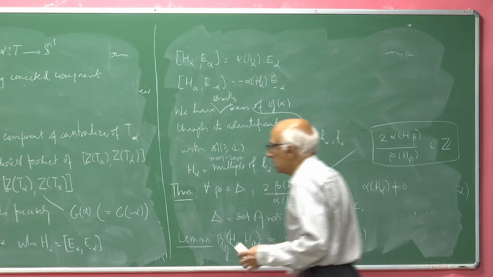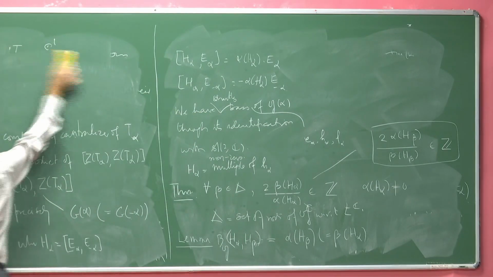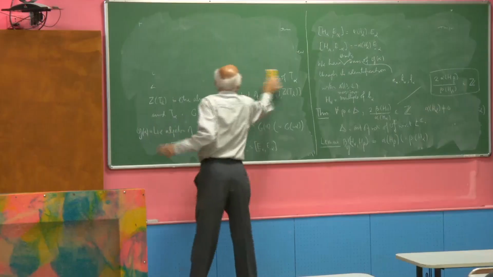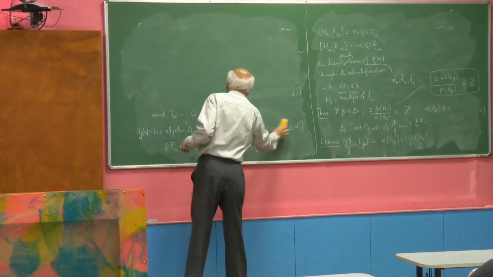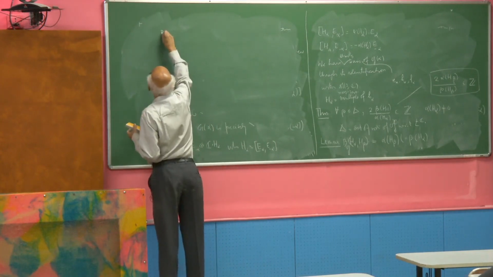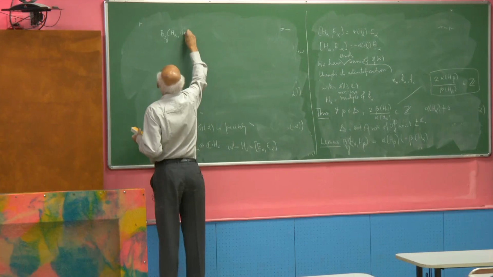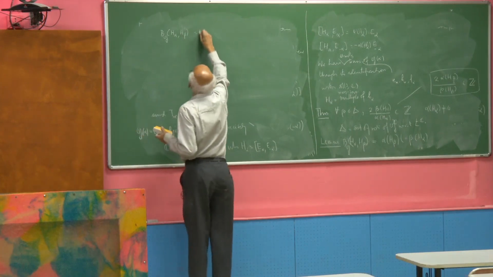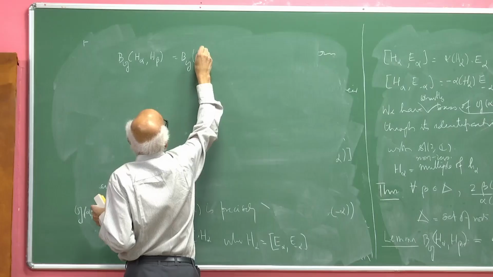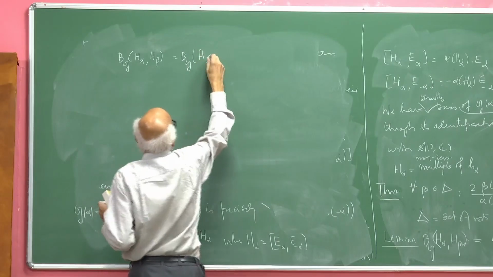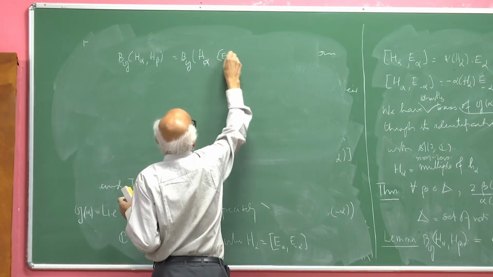This is because of the definition of h alpha and h beta. You took the inner product of h alpha and h beta, that is Bg of h alpha, h beta, but by definition this is Bg of h alpha and the bracket of E beta, E minus beta.